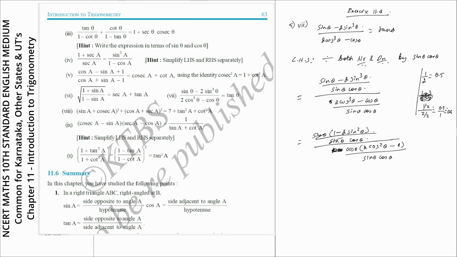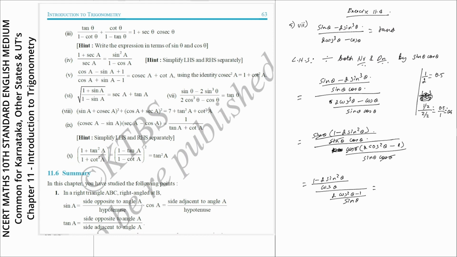Now here sin theta will get cancelled, here cos theta will get cancelled. So I'm left with 1 minus 2 sin square theta by cos theta, the whole divided by 2 cos square theta minus 1 by sin theta.